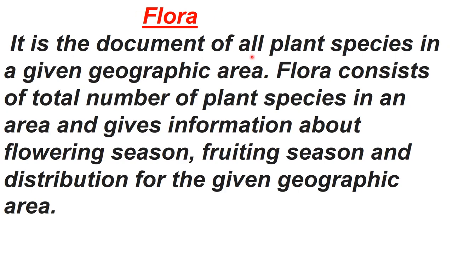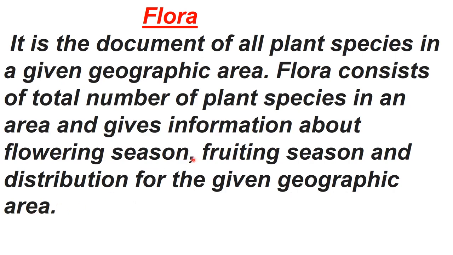It is the document of all plant species in a given geographical area. Flora consists of the total number of plant species in an area and gives information about the flowering season, fruiting season, and distribution for the given geographical area.